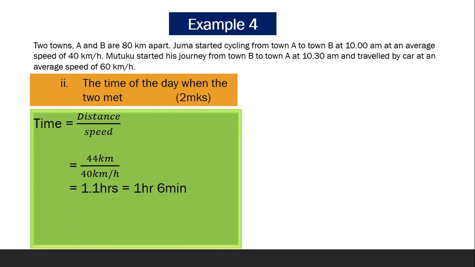That gives us 1.1 hours. When you convert that, that gives us 1 hour 6 minutes. So the time they met, we add 10 a.m. plus 1 hour 6 minutes. That gives us 11:06 a.m.